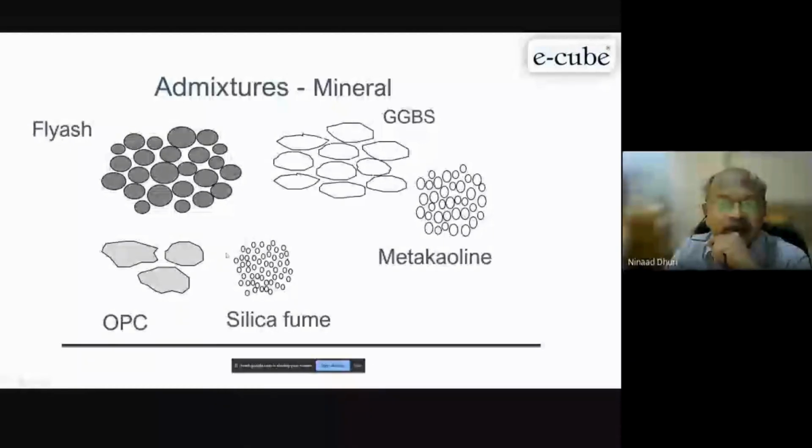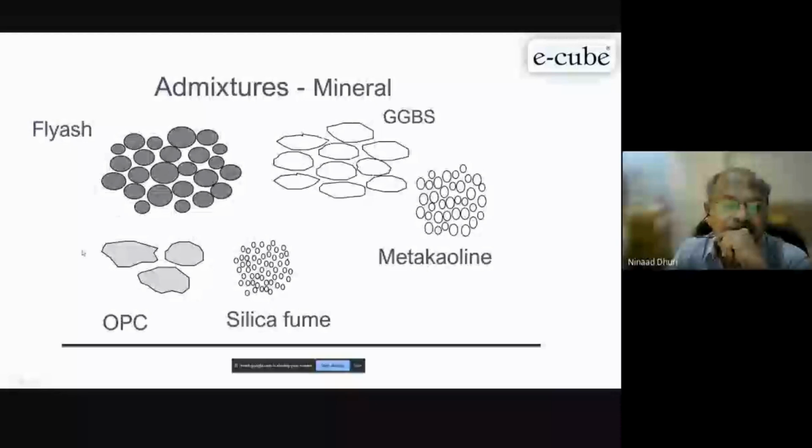But these two materials are different. One is fly ash, which comes from the thermal power station; it is basically a flyaway material in the air, which you collect with ESPs, electrostatic precipitators. Its original shape is very round, like a ball bearing.